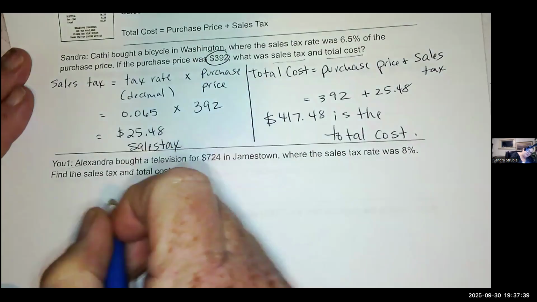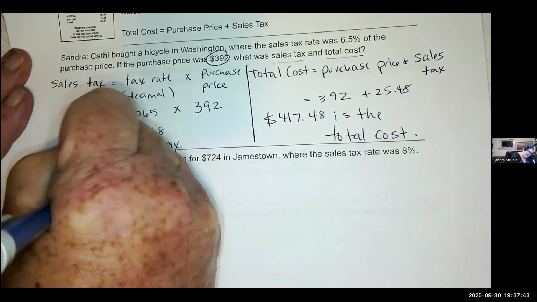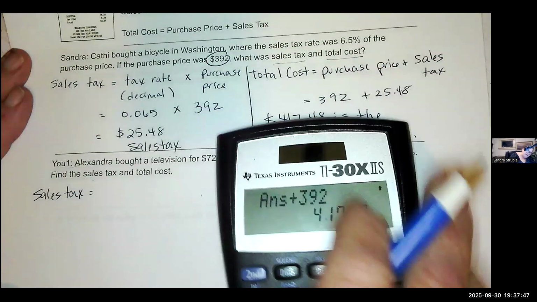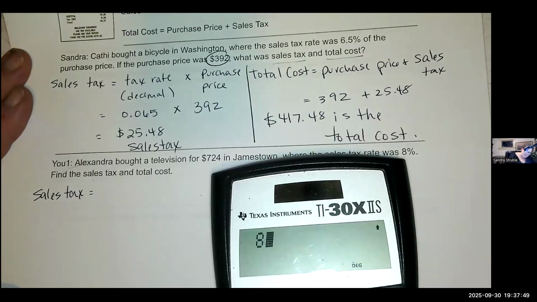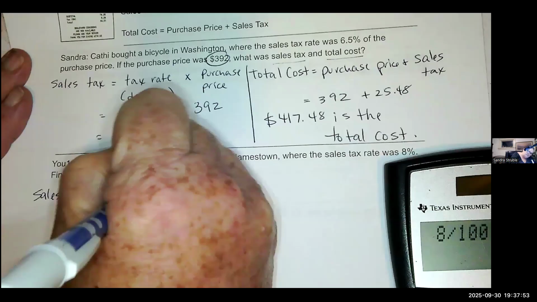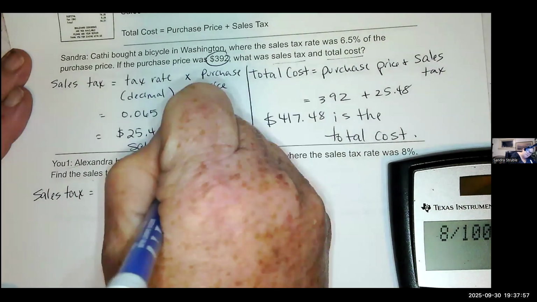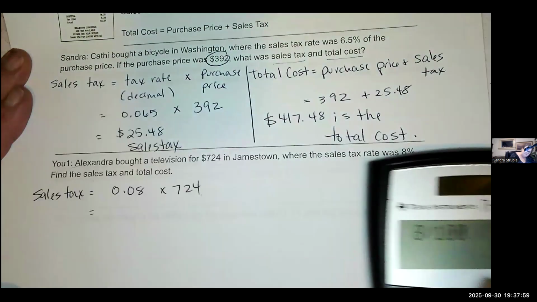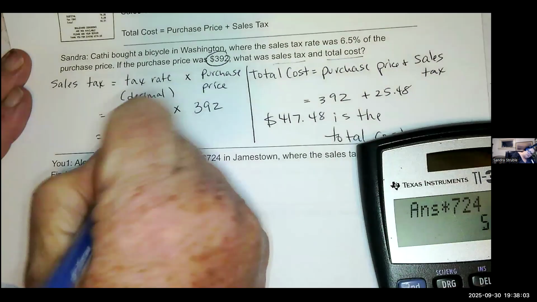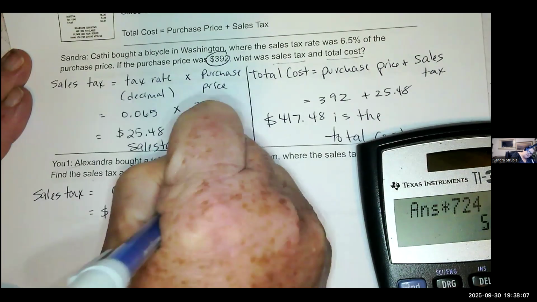So we're going to find the sales tax first. And that's just the tax rate in decimal form. The tax rate is 8%. 8 divided by 100 is 0.08 times the purchase price of $724. And that's $57.92 is the sales tax.